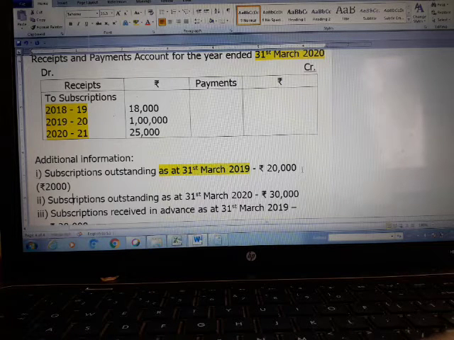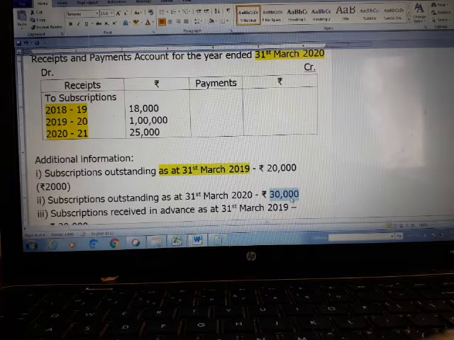Okay. And look at this. Subscription outstanding as at 31st of March 2020 shows 30,000. What does that state? In the previous year there is a 2,000 balance. That balance has just been carried over to the current year, 1st April 2019 to 31st of March 2020, and in the current year there would have been some outstanding.